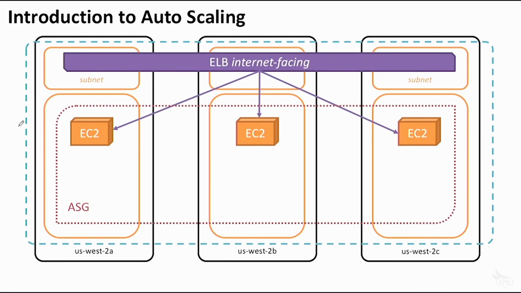We have our VPC, leveraging multiple availability zones. We have an elastic load balancer, leveraging multiple availability zones, as is our application in multiple EC2 instances across multiple availability zones. What we have here is an autoscaling group that is designed to launch machines into multiple availability zones.